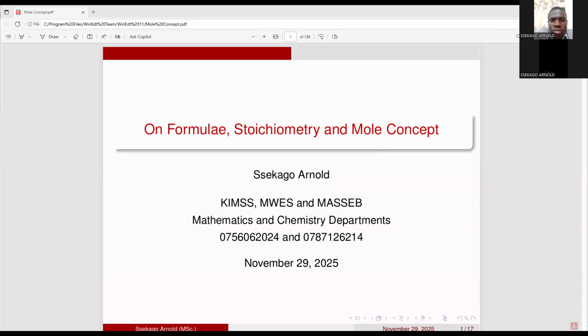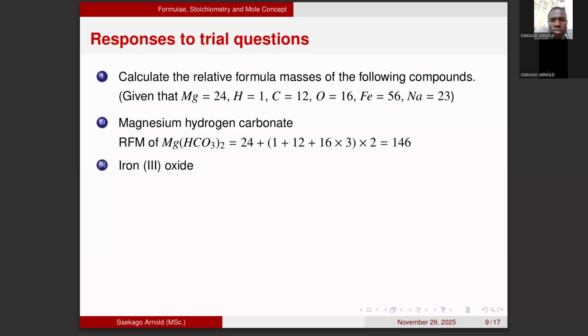Now, having made that adjustment, I can share my screen again. Hope now it is visible. It is visible. We have seen all this information.